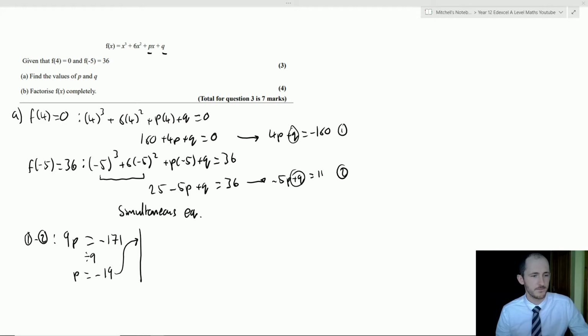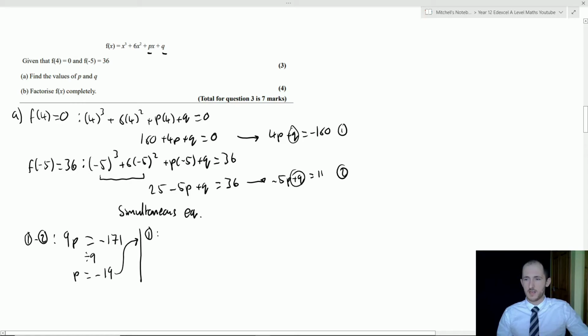Perfect. So, now once we get one variable in a simultaneous equation, we can work out what the other one is by substituting it in to either one of the expressions. So if we look at equation 1, we can now substitute in our value for p. So we have 4 times minus 19 plus q equals negative 160.